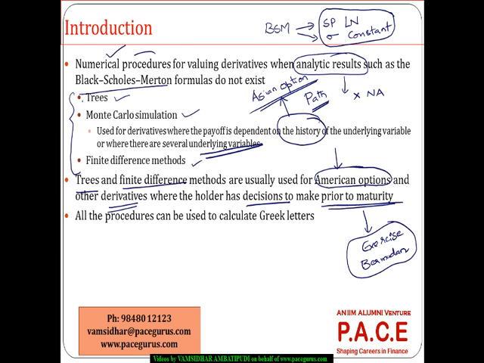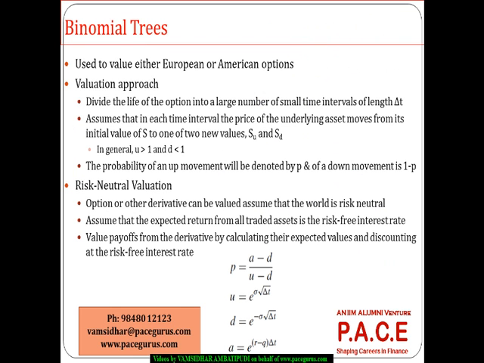And all these three methods can be comfortable not just for computing the value of the option, but they can play a role even in the computation of the Greeks as well. So let's try to understand each of these three methods one by one.